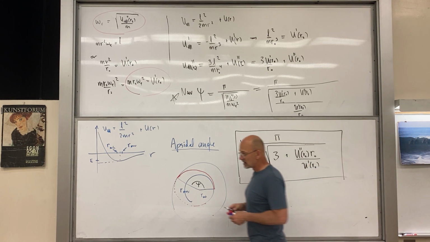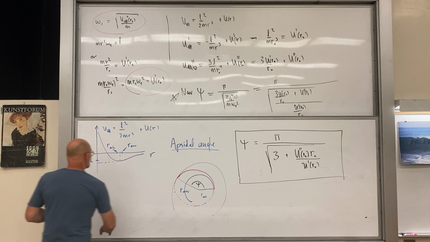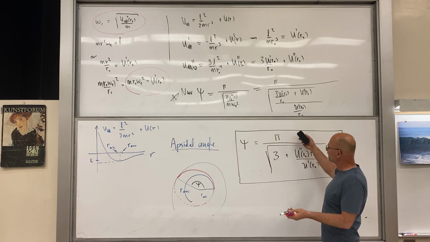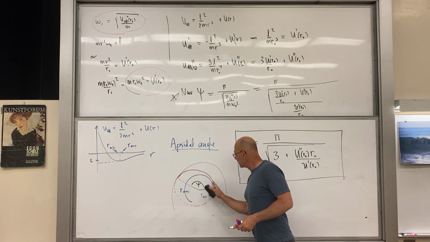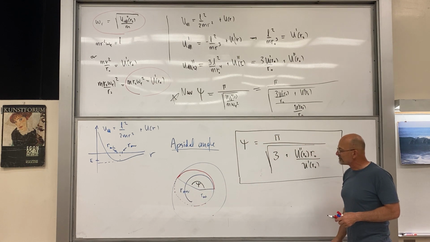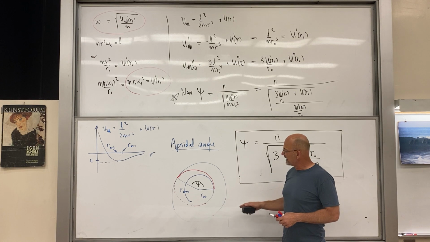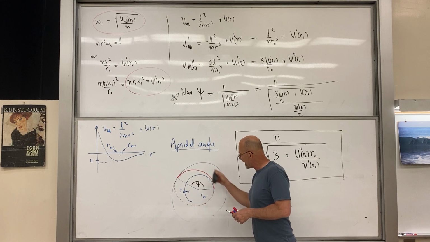We consult the clock. Perfect. So our examples now, and again, you see what this thing is that we just figured out. It's the amount of angle swept out between r min and r max. So that's for half a period of the oscillation of the radial position. At the same time, the angle is sweeping out at a uniform rate.